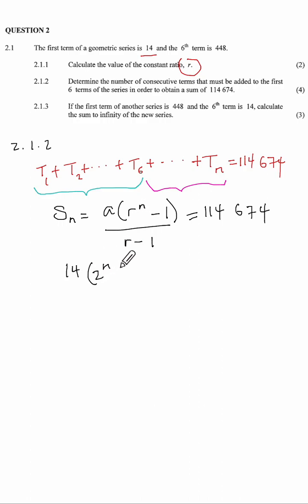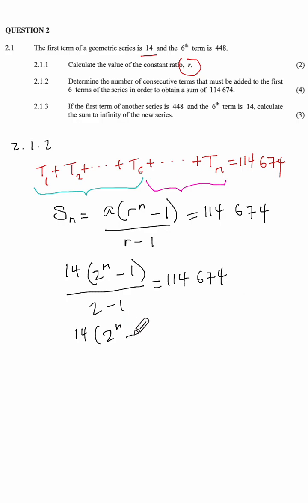So we substitute and find n. a is 14, r is 2, so 14 times 2 to the power of n minus 1 over 2 minus 1 should give me 114,674.